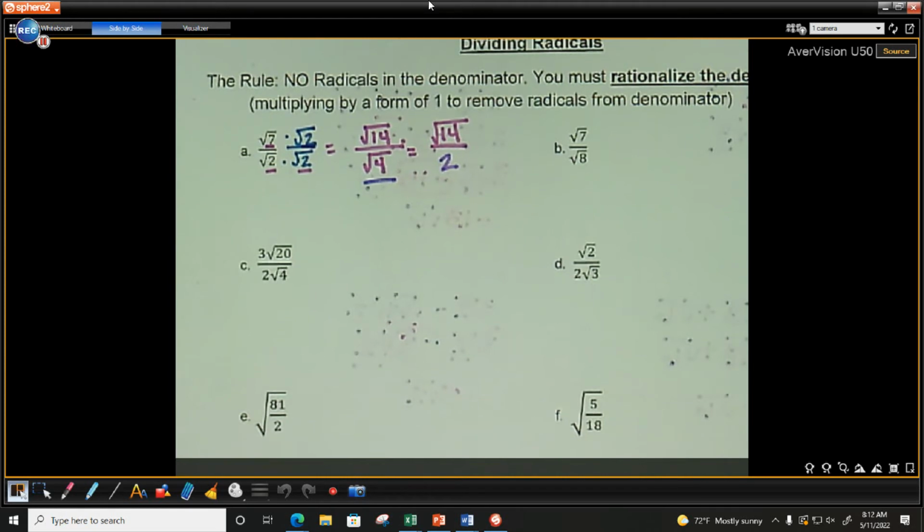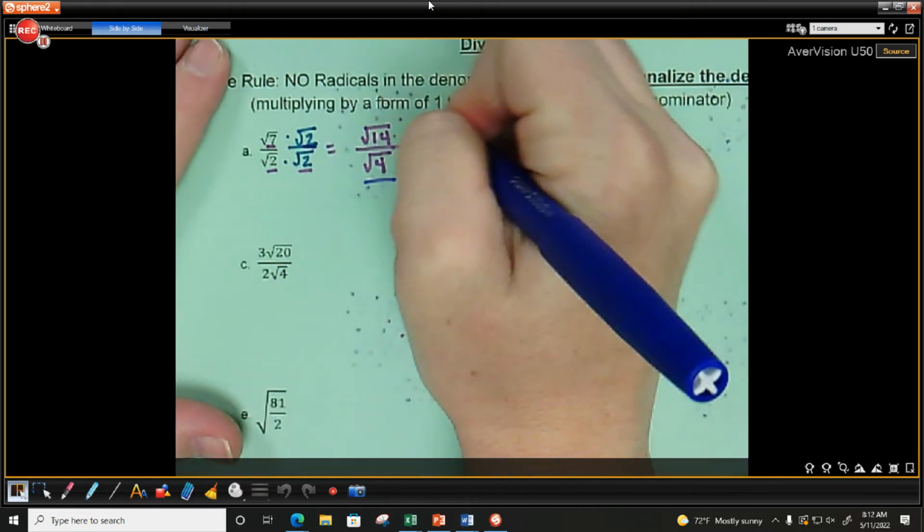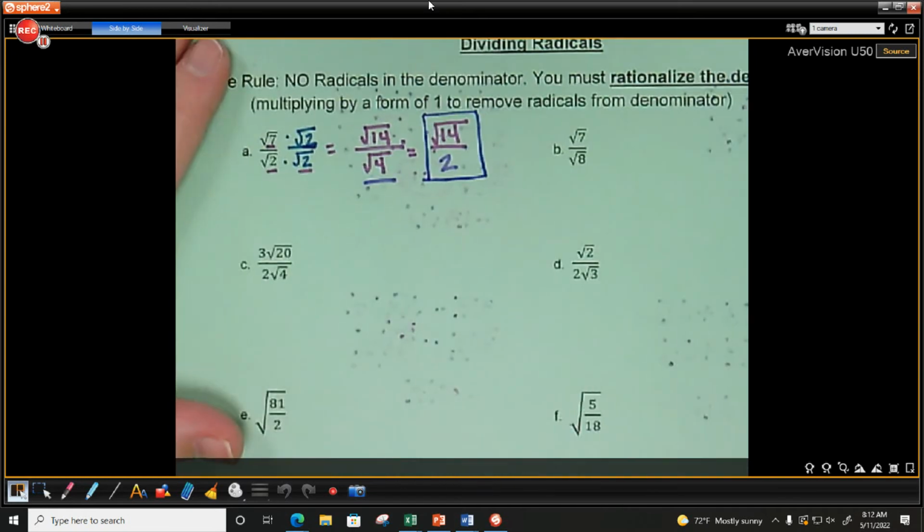No, why not? 14's under the radical. Is 2 under the radical? No. So are we done? Yes. We don't have a radical in the denominator. There's nothing inside the radicals we can simplify or outside the radicals we can simplify.